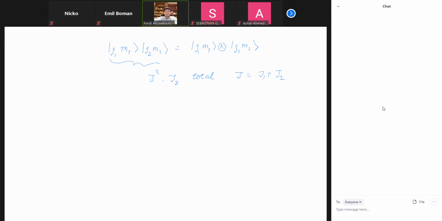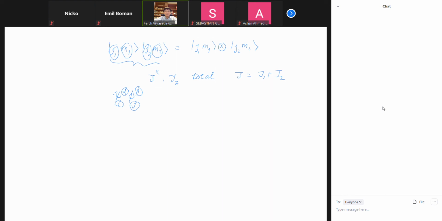So we have products of the states psi alpha i and phi beta j. As we said before, this alpha corresponds to J1 and i corresponds to M1, and so on, J2 and M2. So the mathematical structure is identical.